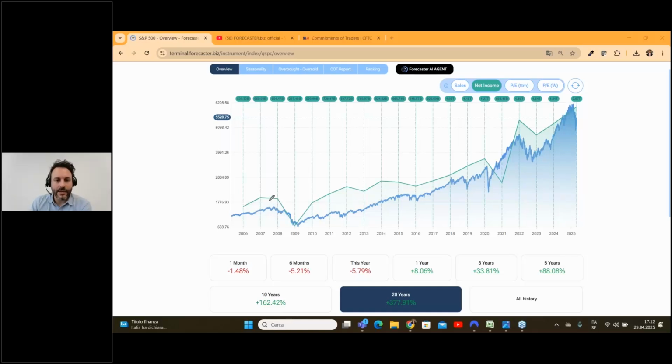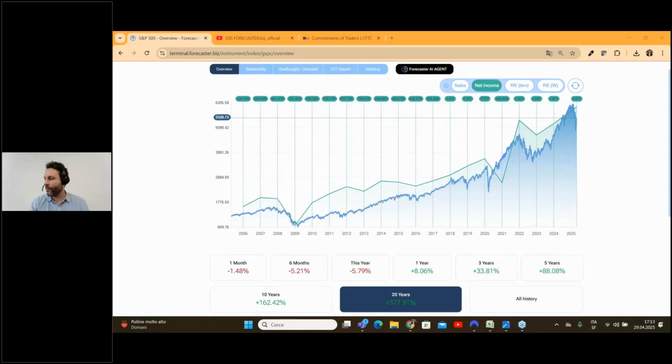As you can see, the entire stock market, but of course we will see some examples also with stocks, goes up when the net income goes up. Stock market goes down when the net income goes down. And this is a rule that works for every market all across the globe.